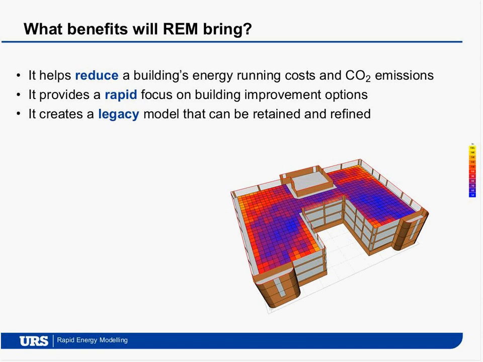It also builds, if you like, a building information model. So that 3D spatial model that's embedded with data can be used as a legacy tool. It can be retained, improved, refined, and modified to reflect changes to the building, and used as a management tool.